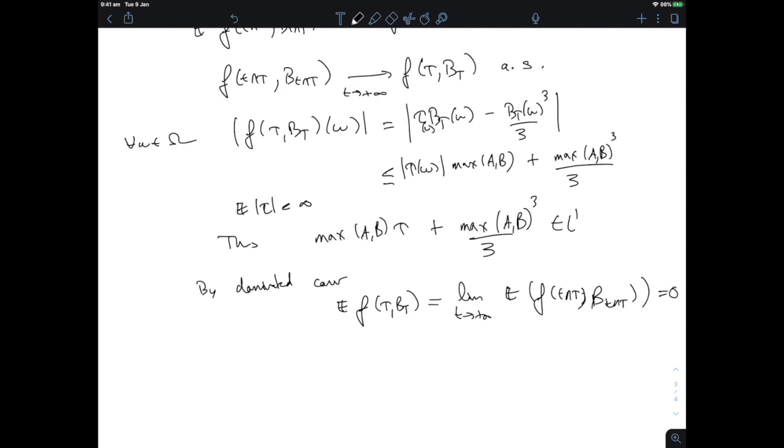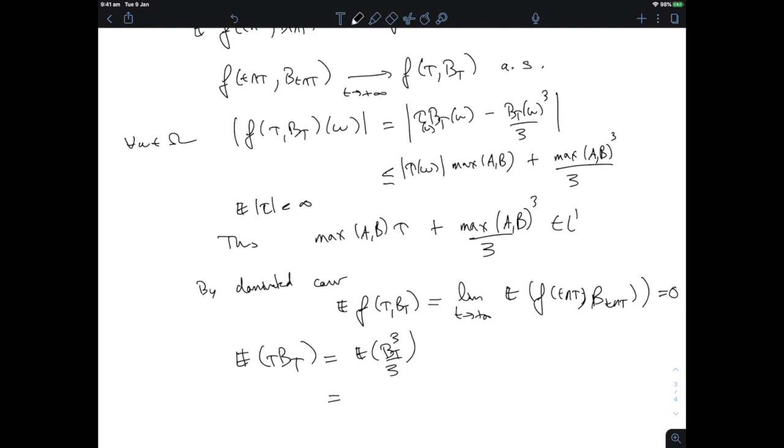And now what does that give us? It gives us that the expectation of tau b tau has to be equal to the expectation of b tau cubed divided by 3. But what is b tau cubed divided by 3? Well, there are two possibilities.